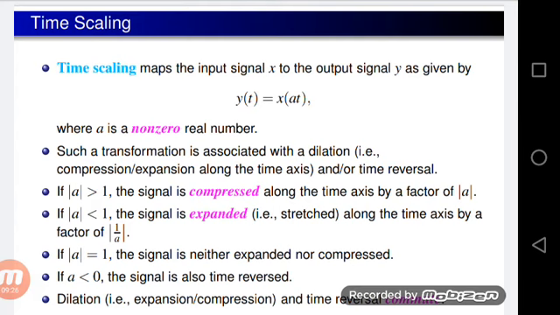In this also we see the same conditions: if mod a is greater than 1 or mod a is less than 1, the signal will be compressed or expanded.